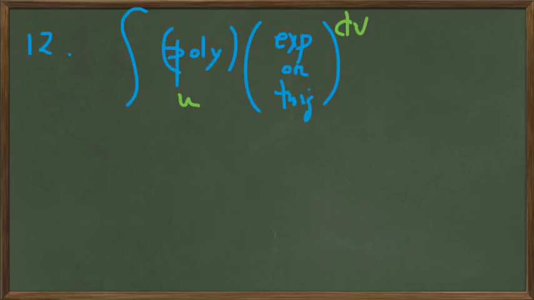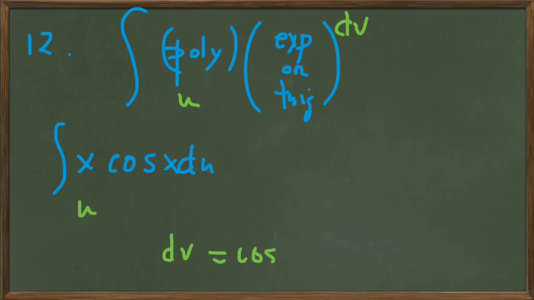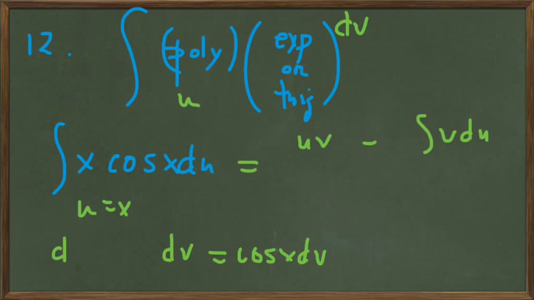So an example of an integral of that type would be, let's say, x cosine x dx. Then u would be x and dv would be cosine x dx, and with that selection we can calculate the necessary pieces. By the parts formula, it turns into uv minus the integral of v du.